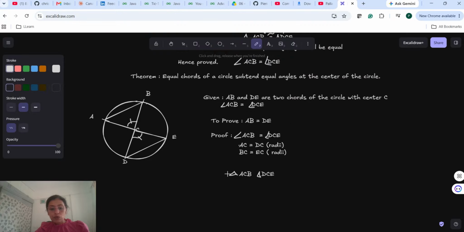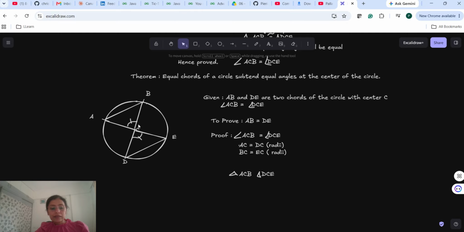Okay. What do I see here? I see here that AC is equal to DC, BC is equal to EC, and the angle in between, which is the angle DCE, is equal to angle ACB, right? These two angles are equal. This has been given to us, right?